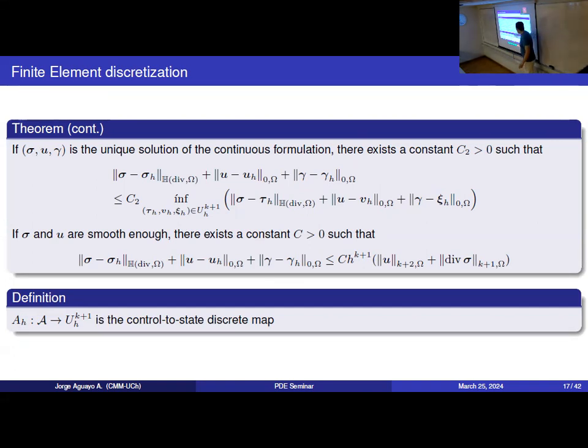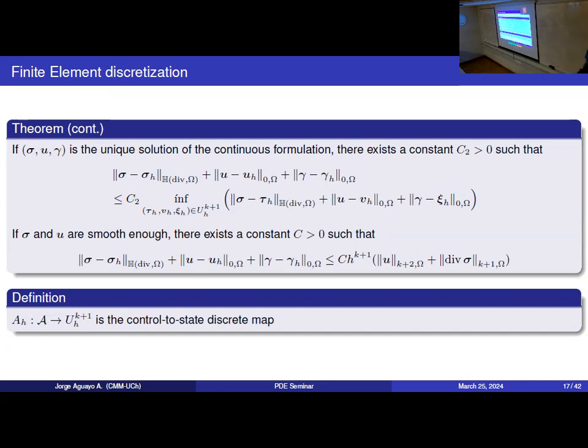So we recover the order h, where h is the largest edge in the mesh. But the problem is, for the direct problem, we have a convergence result. And we obtain something similar for the optimal control problem.